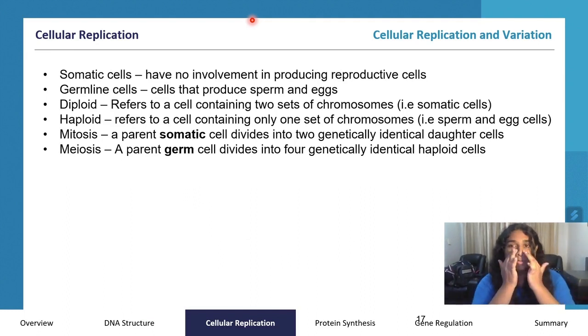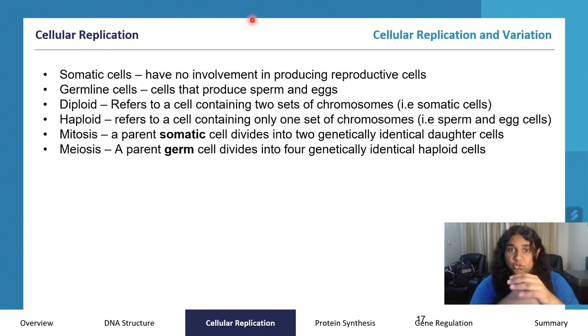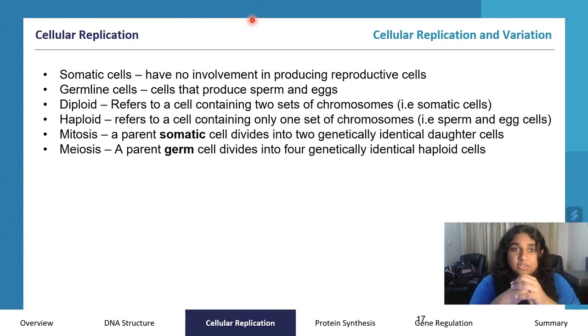Now we're going to talk a little bit about cell variation and cell replication. So this is splitting of cells, cell division, and there are two types, mitosis and meiosis. Before we go on to talking about the actual processes behind those two though, I've got to talk a little bit about some basic knowledge. So first of all, we've got two types of cells, or two kind of categories of cells in our human body. The first one being somatic cells.